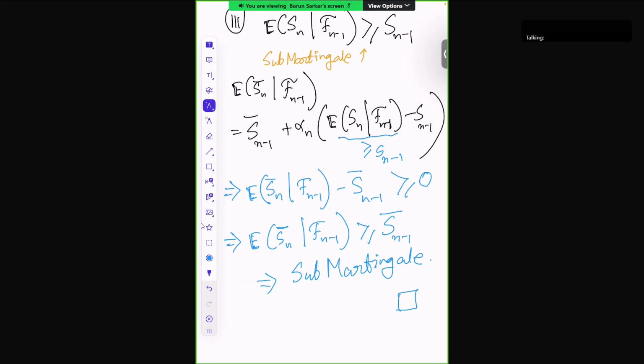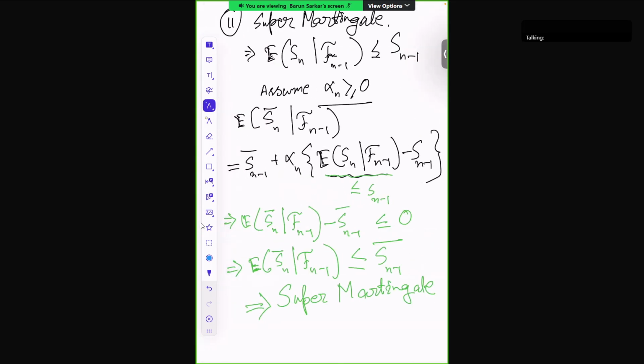So this is an important theorem about gambling strategy, in the sense that you can never beat the system.